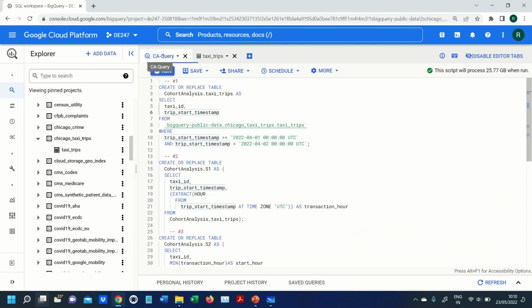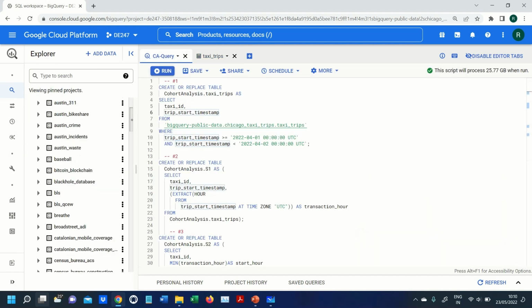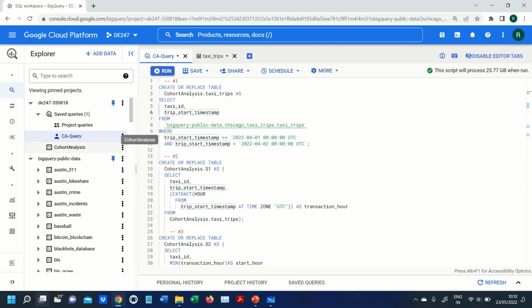Let me take that into a data set. I have created one data set here, the cohort analysis data set. Now I just want to take that information for a particular day, the 1st of April. I'm taking only a subset of the data for demonstration purposes.